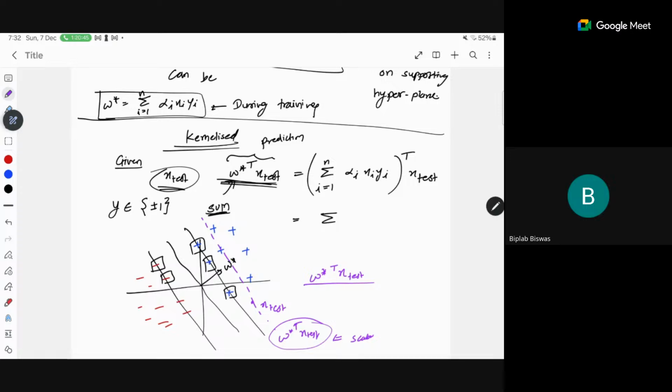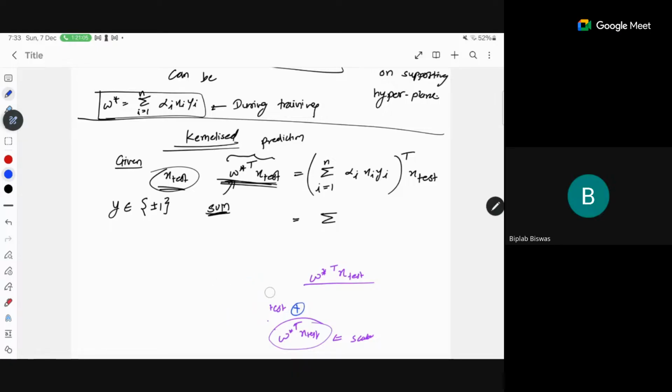And if that is positive, what does that mean? The label for this data point is positive. I hope you understand this part. We are calculating the score basically. This is happening during test.